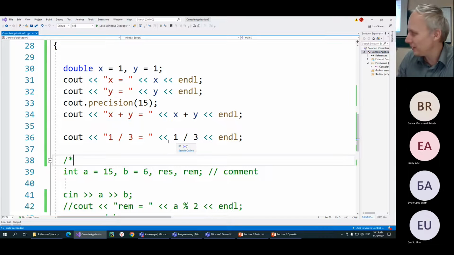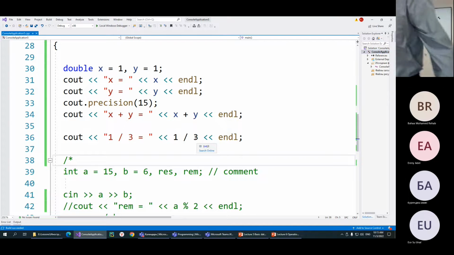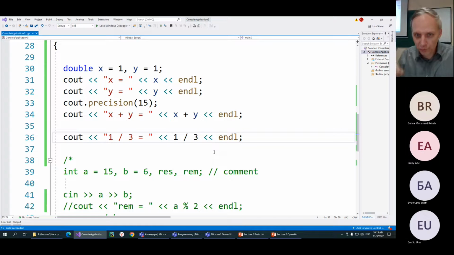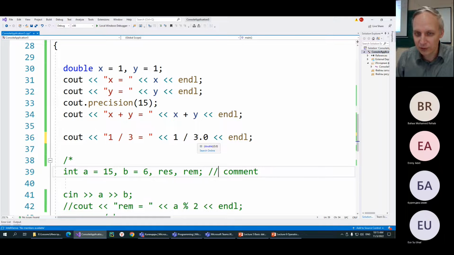But if you type the same program in Visual Studio and move your mouse here, Visual Studio outputs the hint that this is int. Visual Studio considers this number as int. How to force it to consider it as a float or double? You should write 3.0. If you type 3.0, it becomes double.